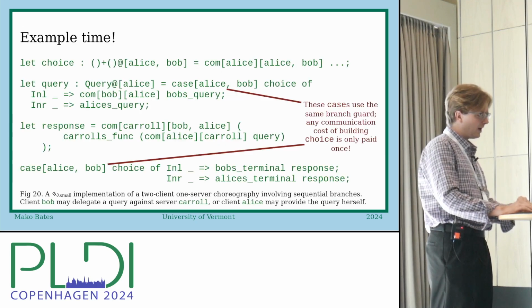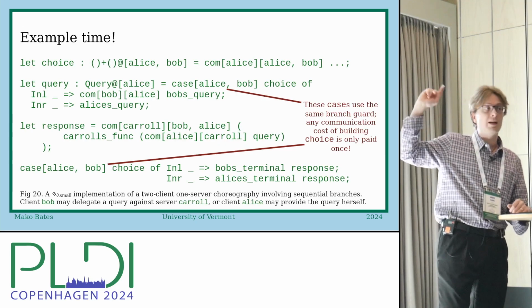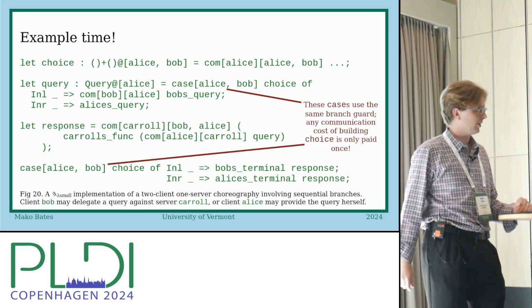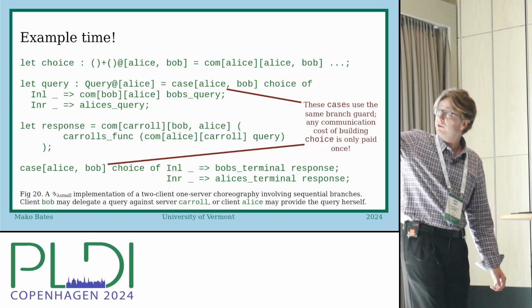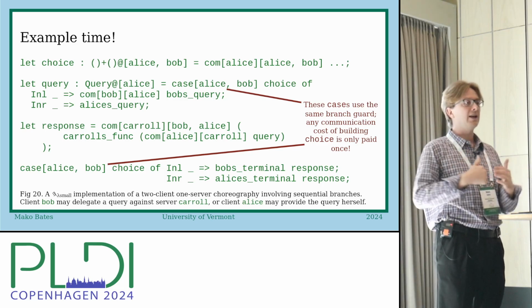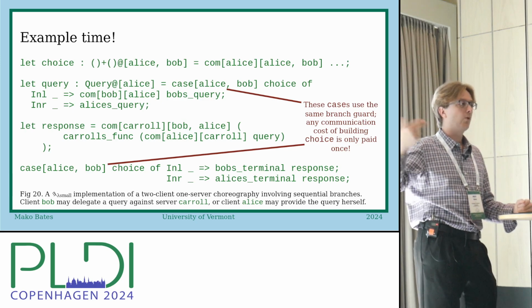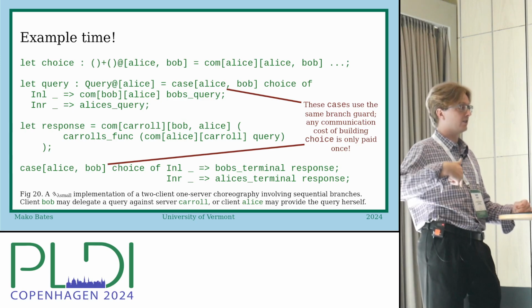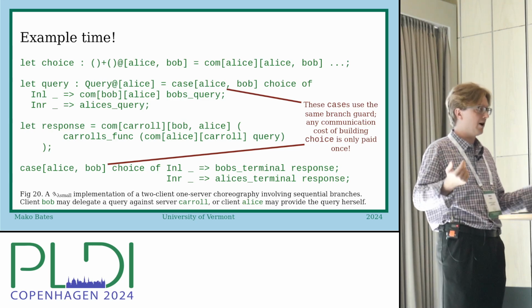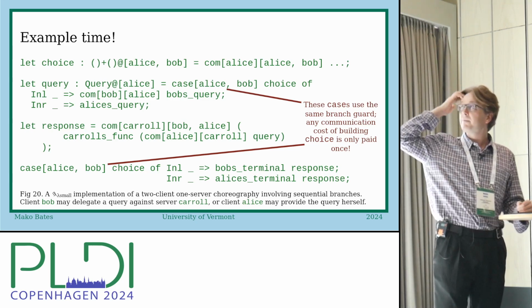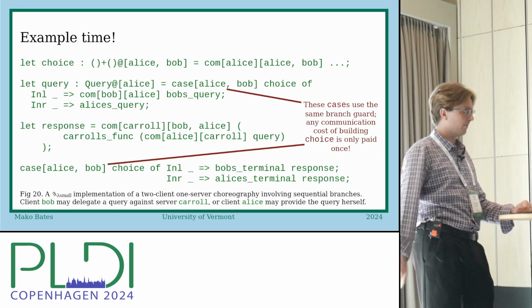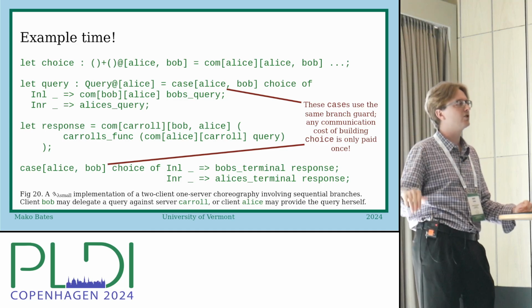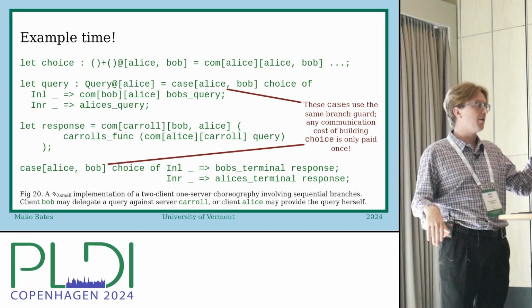But an example, so this is an example of sequential branching. We have Alice, Bob, and Carol. In the middle, let response equals... That's Carol acting as a server. She gets a query from Alice, and then she sends the response to Alice and Bob. But before that can happen, Alice and Bob branch together on a shared variable choice to decide whether to use Alice's query or a query that Bob sends her.